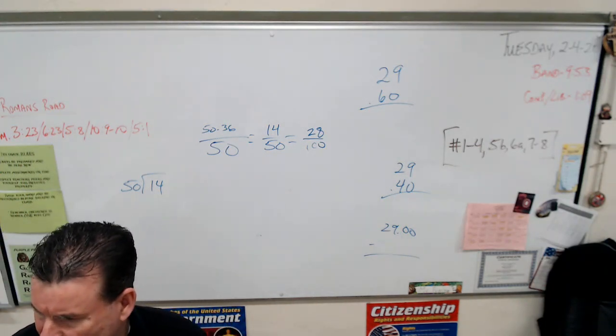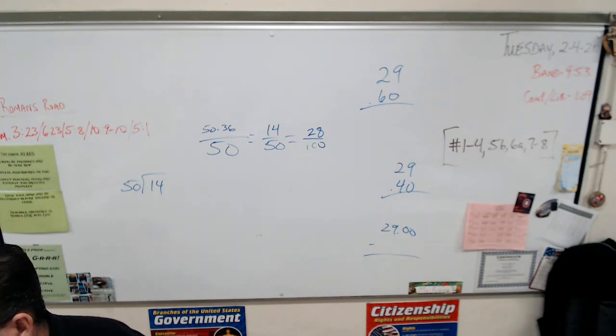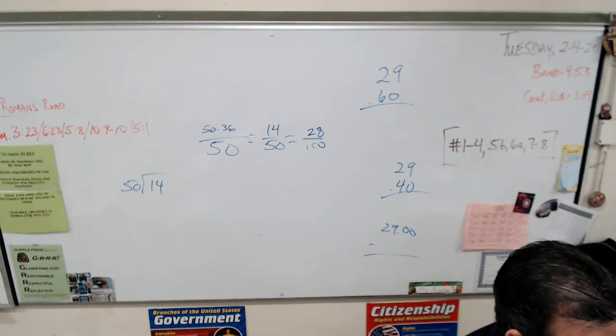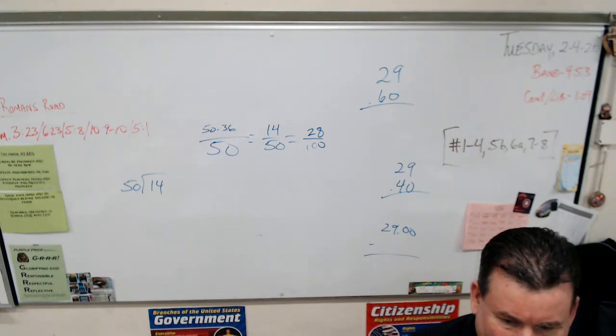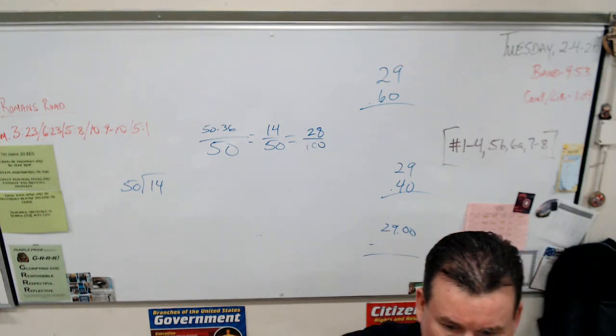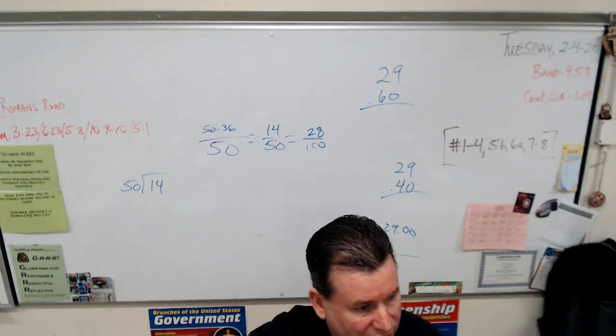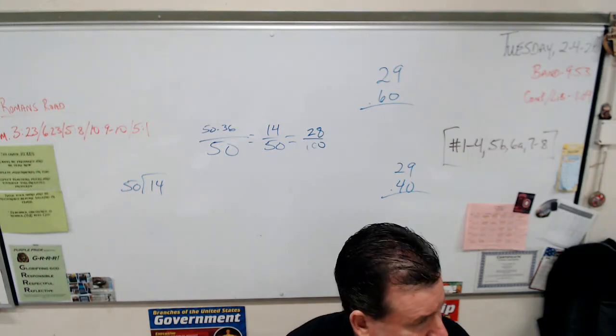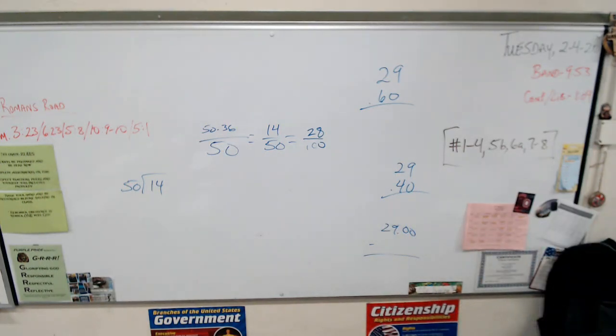Where's the original number go? What goes in the denominator? Always the original. What goes in the numerator? The difference between what it was and what it is now. Yes? Can you do that again? I just don't know how you can.